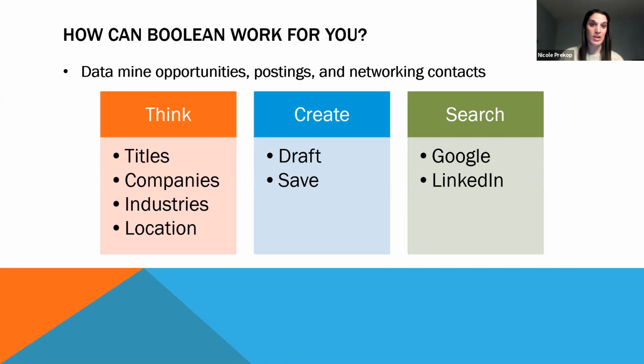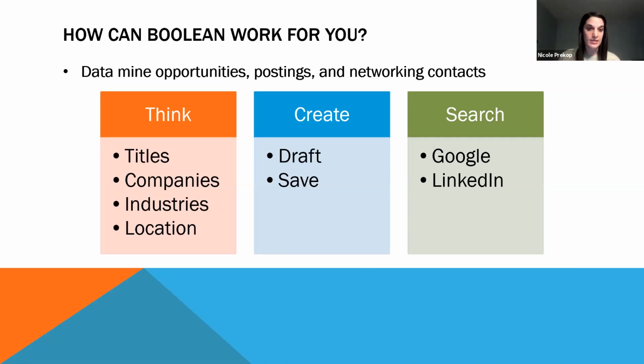So I always recommend a 3-step process: think, create, search. With think, I always recommend opening up a blank Word document or your notepad and just typing out all of the different options that you may want to include in your Boolean. So for example, for titles, this could be senior project manager or program manager.